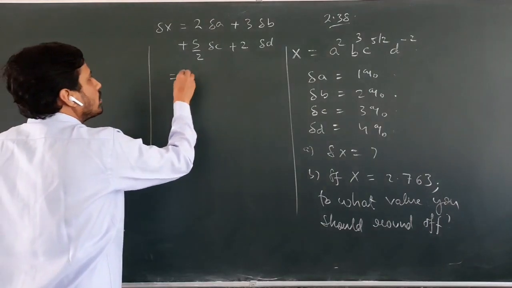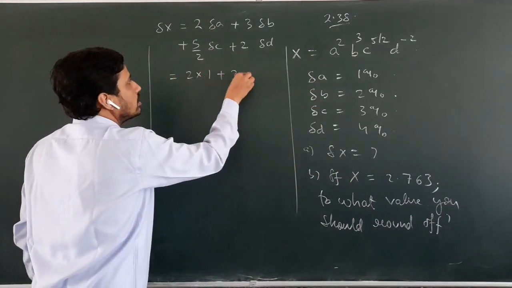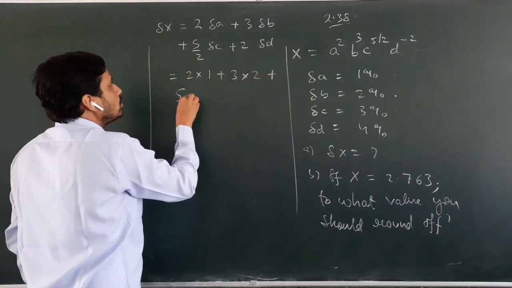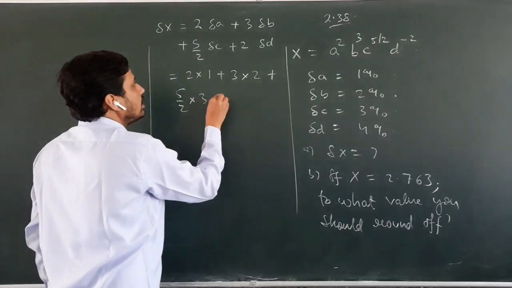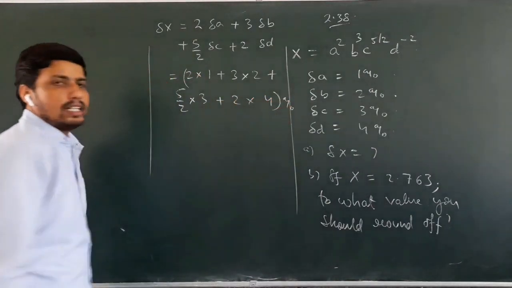That's it. Just you have to calculate. So 2 times percentage error in A is 1%, so 3 into 2%, 5 by 2 into 3%, and 2 into 4%. So this much percent is the answer.